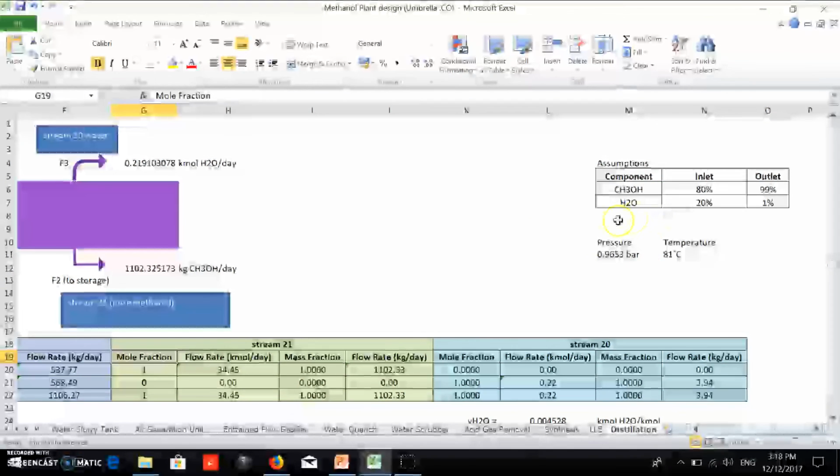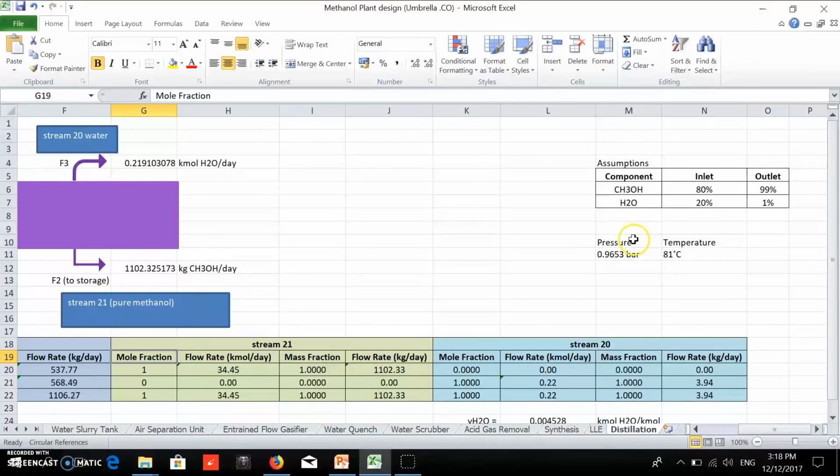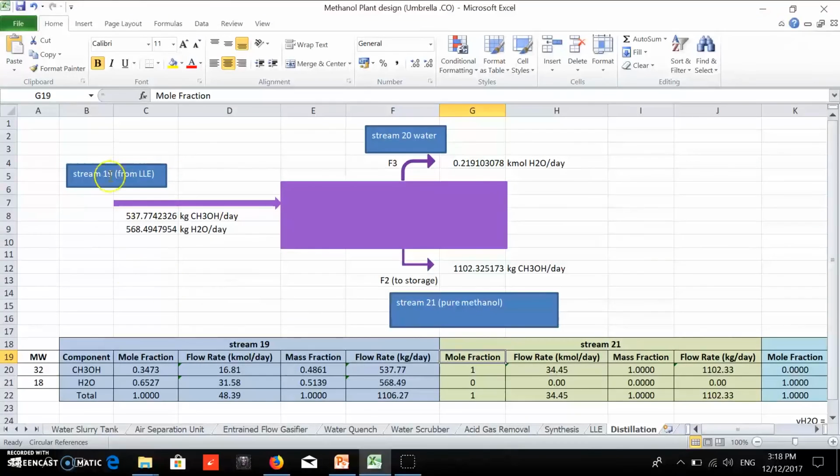The pressure for this unit system is 0.9653 bar and the temperature is 81 degrees Celsius. Our goal is to get 99% methanol and 1% H2O. From the feed from the LLE, we have 537 kilogram methanol per day and 568 kilogram H2O per day.